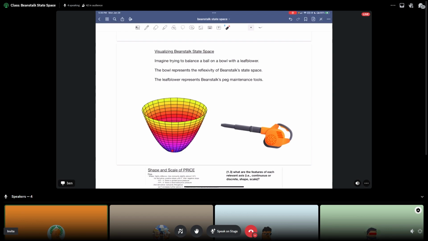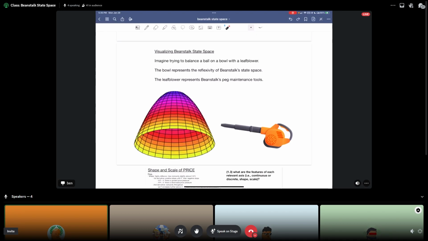As soon as the system moves a little bit off peg, there's an arbitrage opportunity that sends it right back to peg. And so this is an anti-reflexive system. So think about how much force you would need to actually displace a system like that, assuming that it's actually collateralized. It's immense.